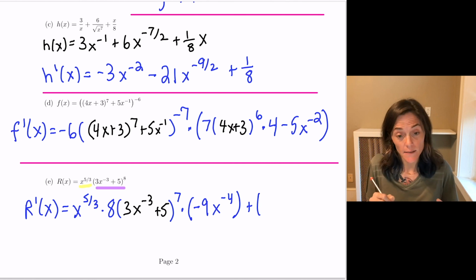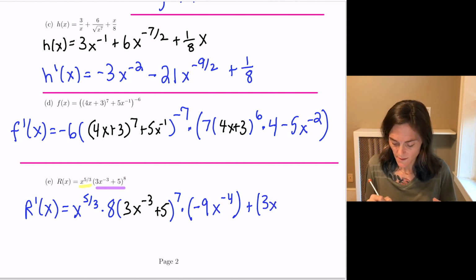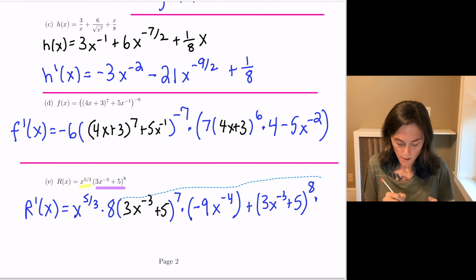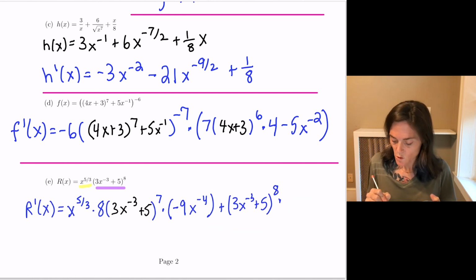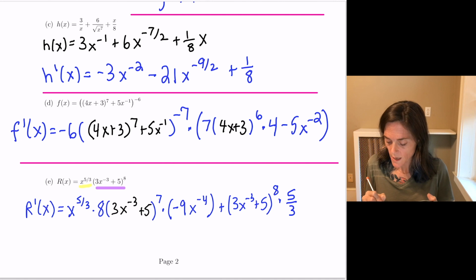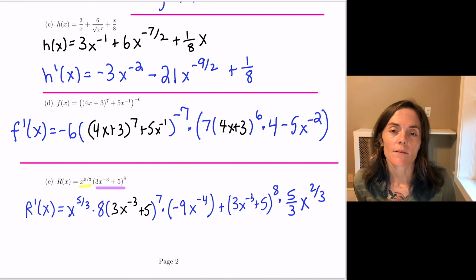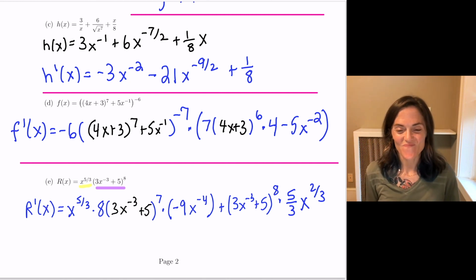We have second. And then when we go to differentiate the first, power rule. So we have 5 over 3 x to the 2 over 3. This is the derivative of r of x.